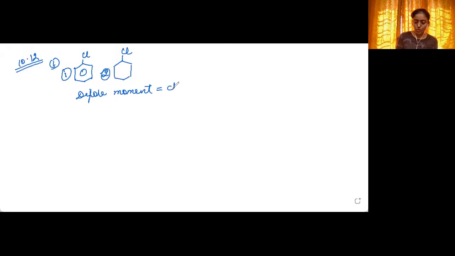Dipole moment is equal to charge multiplied by distance, that is the distance between the two charges. First of all, make it very clear that dipole moment is a property of polar bonds. It does not exist in non-polar bonds.